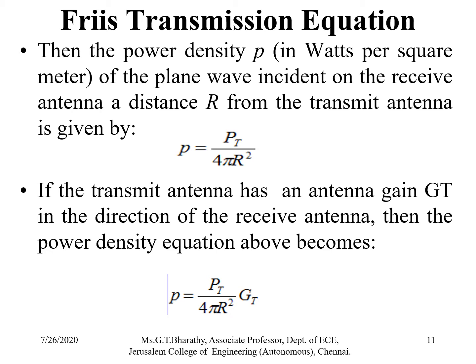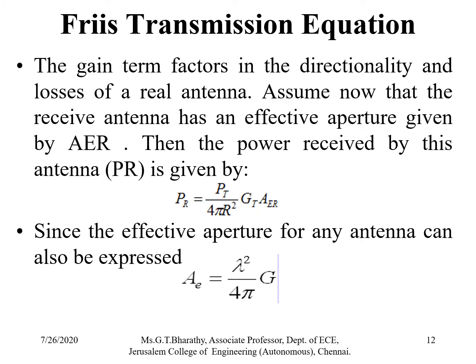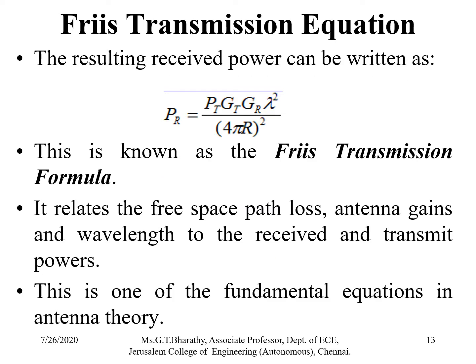So we saw the derivation of the same. The Friis transmission equation is given by PR equal to PT GT GR lambda square by 4 pi R the whole square.